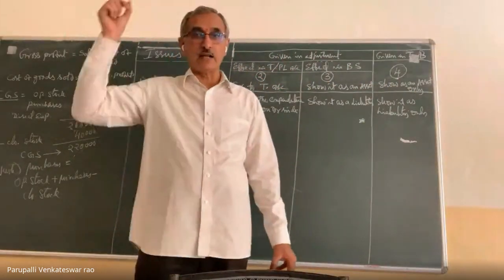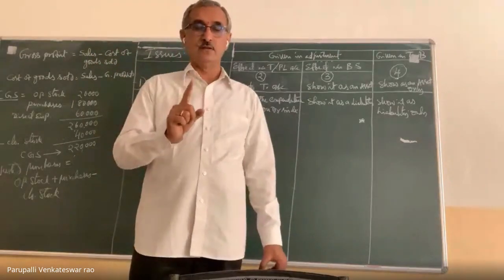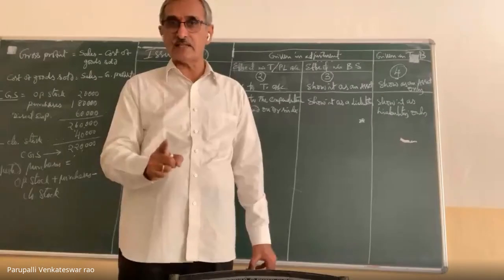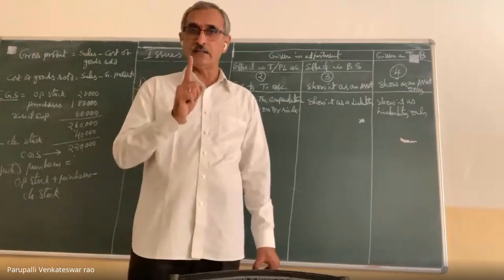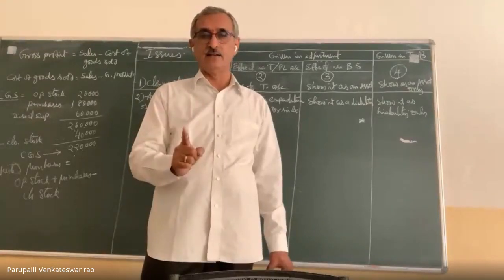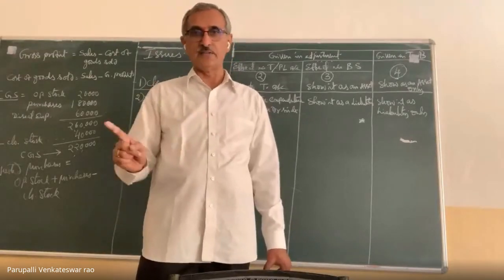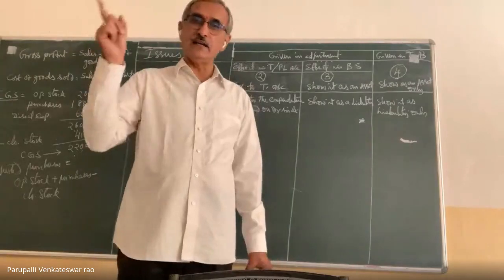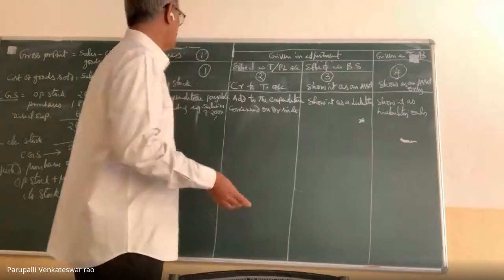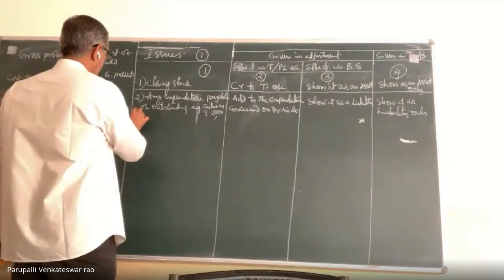Don't try to add to salaries. It is already accounted. Since it is there in the trial balance, we have already recorded a journal entry. You need not give any journal entry for that, because the businessman already passed a journal entry. That's it. So this is over.